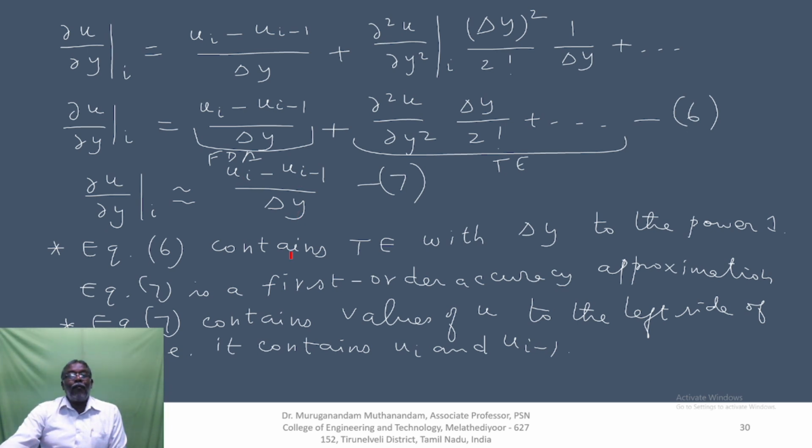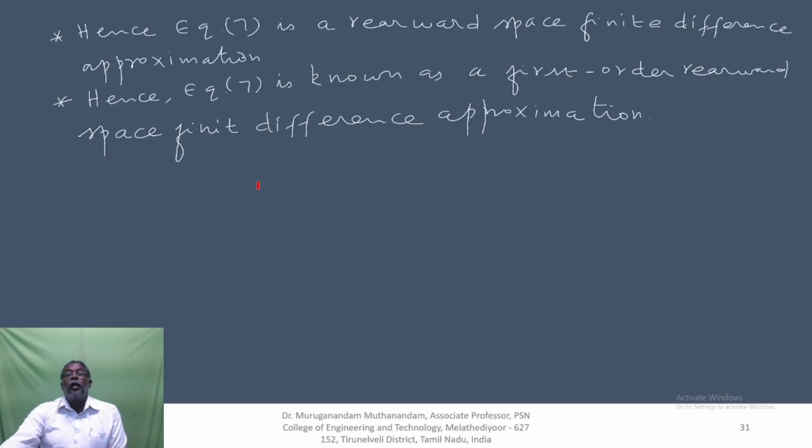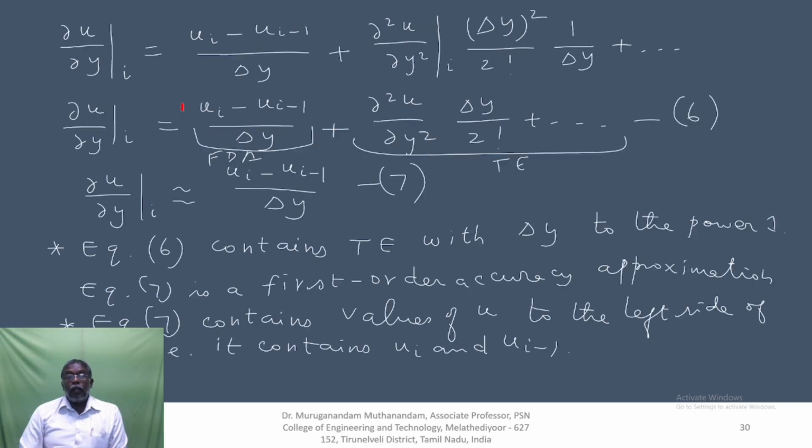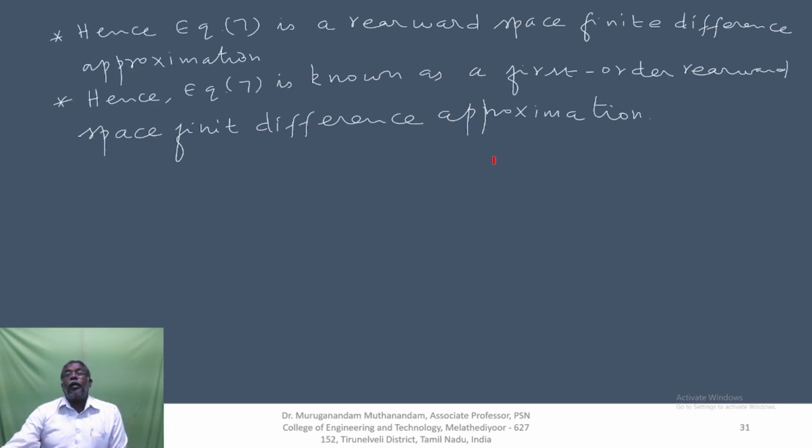Finally, it is a rearward difference because it contains the value of u to the left side of I and the value of u at I. Hence, it is a rearward in space difference approximation. Already we have seen that in this approximation delta y has the power 1, hence it is also called a first order rearward space finite difference approximation.